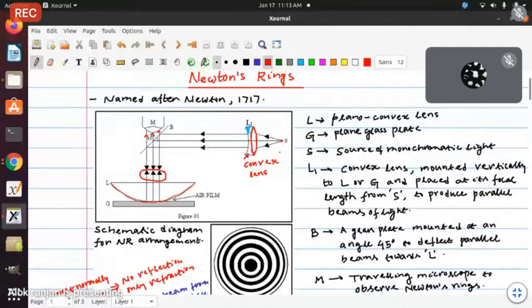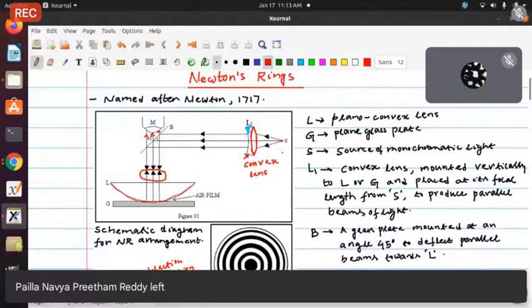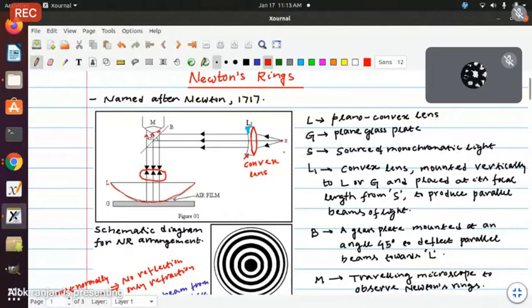The intensity distribution will be clear, and if you use polychromatic light, that means many frequencies, the intensity distribution will not be that sharp. Okay, so S is the monochromatic source of light, and here we have a convex lens.